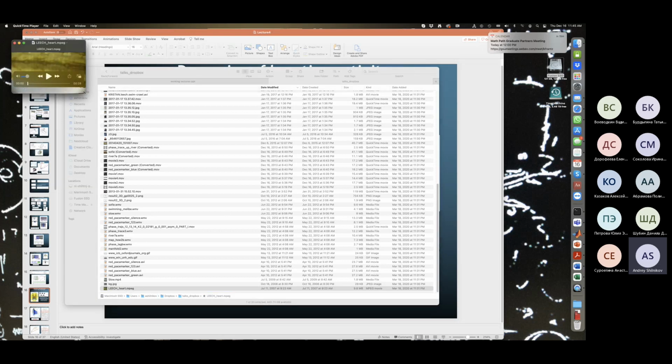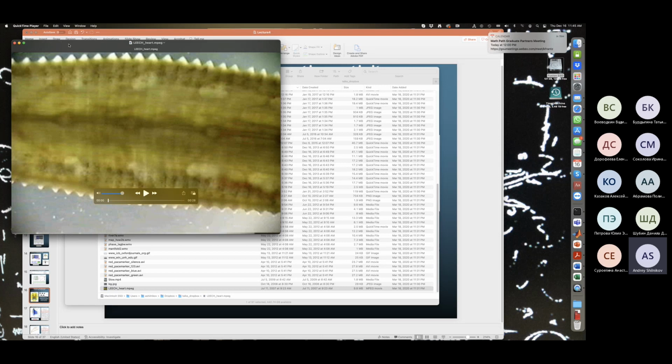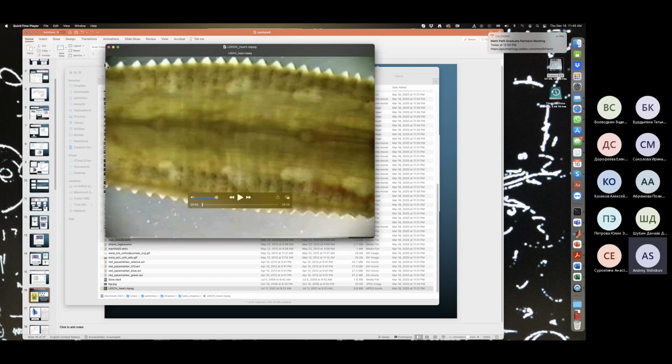Now the other movie has to do with what we discussed earlier. So this is the leech. It looks like a dragon, and it's just a section of a leech. What you're going to see is the nervous system here. And the leech has a heart, which is basically a closed pipe like this, and the blood circulates in that pipe.